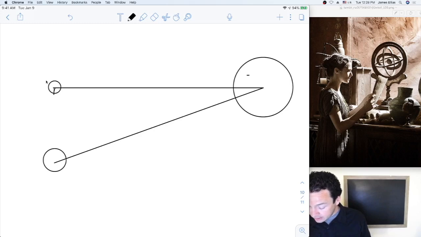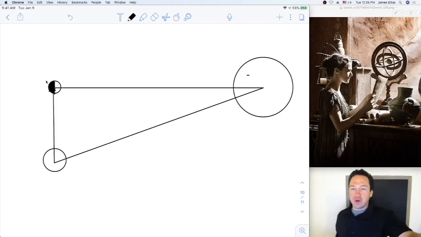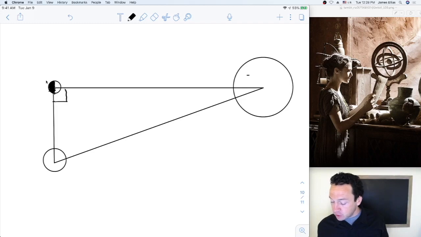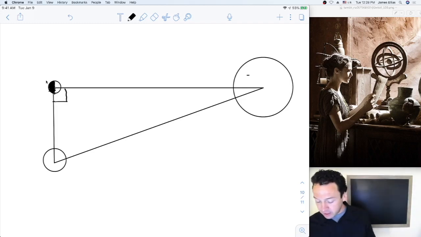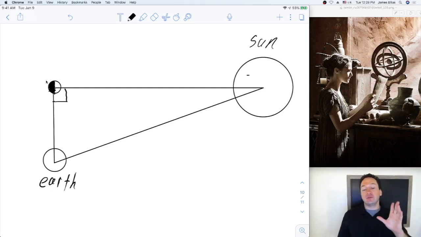Aristarchus waits until we see a half moon, or rather a quarter moon. During a quarter moon, or a half moon, when you can see half the moon, you know that from the moon's perspective, the angle between the Earth and sun is 90 degrees.